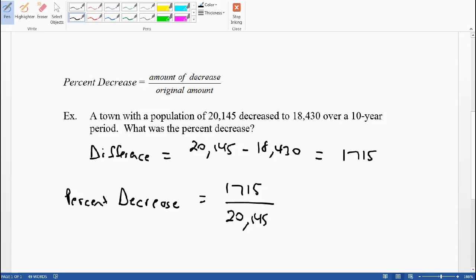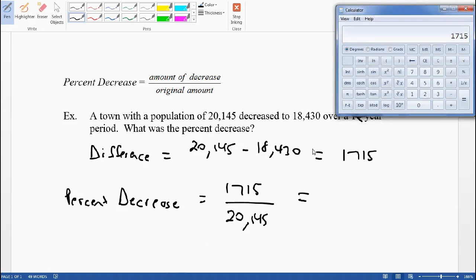Well, the main reason is because it says it started at 20,145 and it decreased to 18,430. This has nothing to do with the problem, by the way, as far as how to find the answer. The bigger number in this case is the denominator. It's the original amount because there's a decrease. On the increase, the smaller number is the original amount. But since this is a decrease, we're using the bigger number.